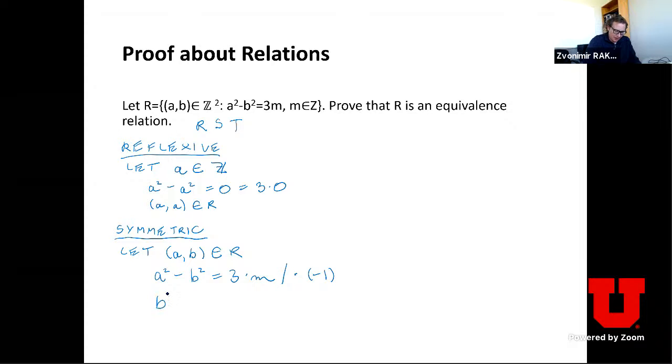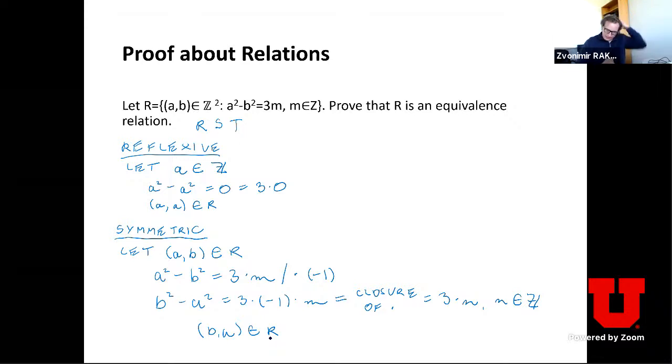So we get B squared minus A squared is equal to 3 times -1 times M. And now that is equal to, we have closure of multiplication, 3 times some n, where n is an element of Z. And therefore, B comma A is an element of R. So that finishes the symmetric.